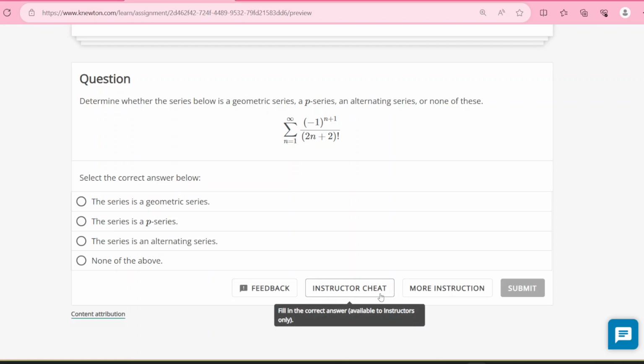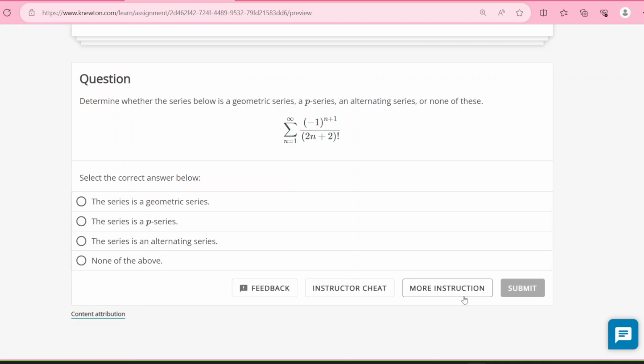Next to that, you will not see this instructor cheat button. This is for instructors only. But you will see a more instruction button. So if you're ever struggling with an objective or a topic, click on this.